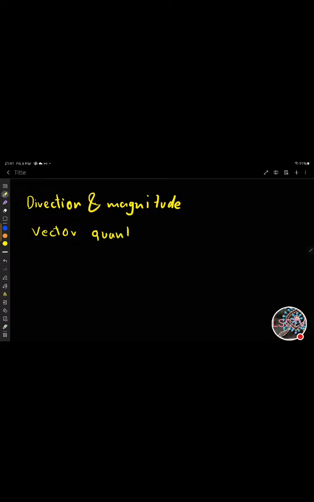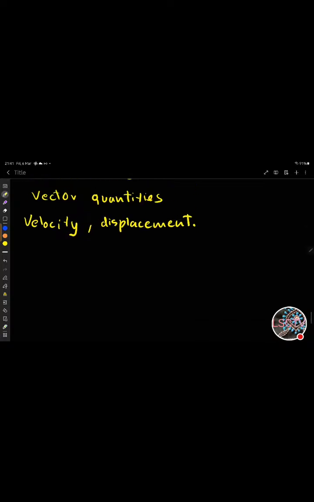Those quantities which require both direction and magnitude are called vector quantities. Now, let's say you have some examples: velocity, displacement, acceleration. Don't get worried, I'm just talking about it. Acceleration and velocity are derived quantities.